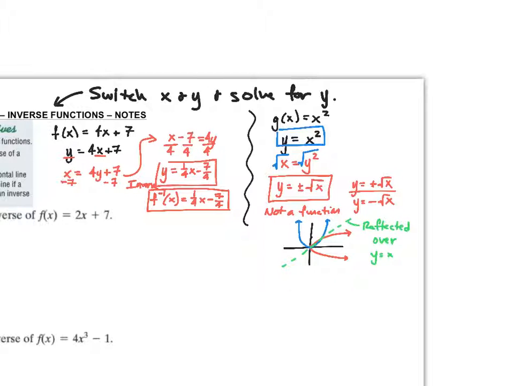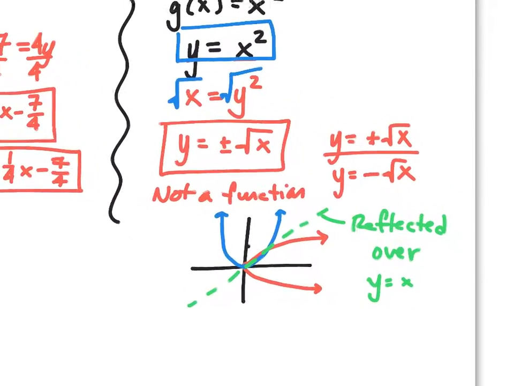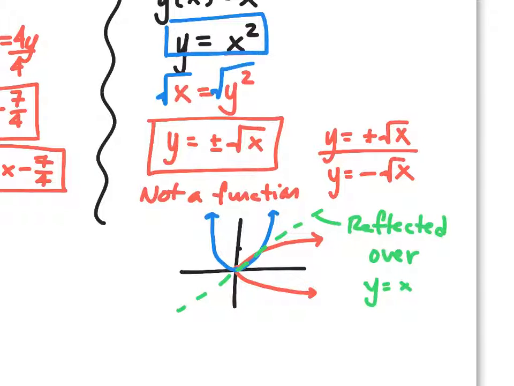Now, one way that I can tell if a function's inverse is a function: what I see here is that if I look at this graph, this is a function, my parabola. And what I know is this passes the vertical line test.